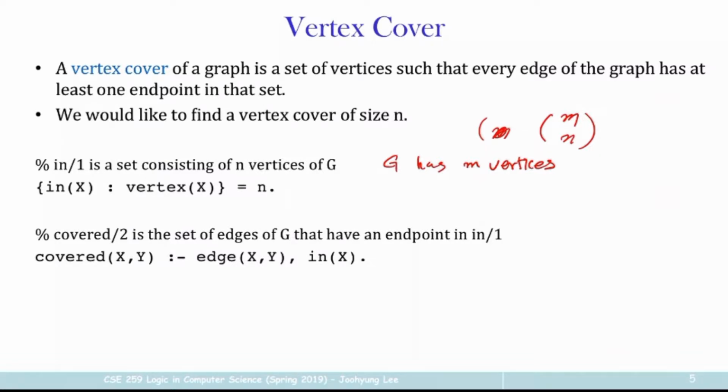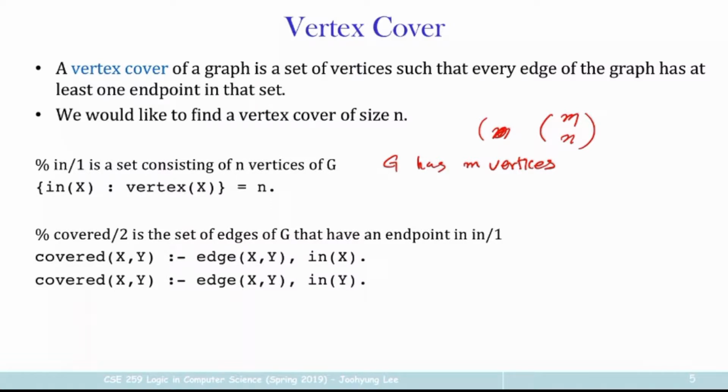Are we not missing something? What about y? If y is in, we also need to say that that edge is covered. So this is the second line. Okay? So if y is in and there is an edge x comma y, then the x comma y edge is covered. So we define covered based on the edge and in predicate.